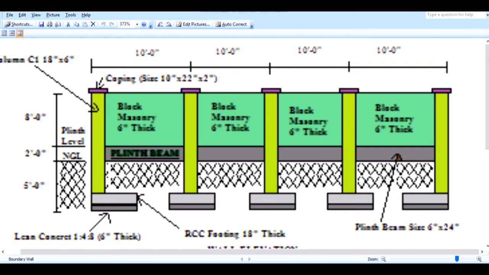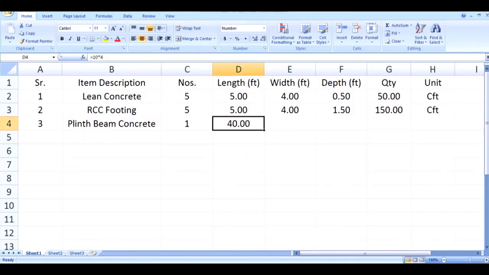Therefore, we will deduct 18 inches of column from our plinth beam, and here 1, 2, 3, 4 and 5, there are 5 columns. That's why we will deduct minus 4 times 18 inches, meaning 1.5 feet. Here we will get the length of plinth beam 34 feet.